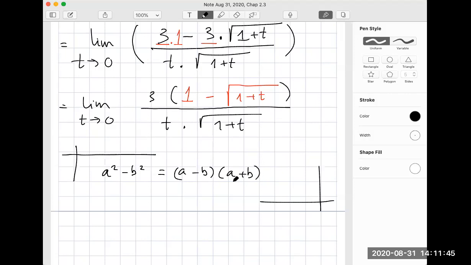This is the formula. Remember it, memorize it. So now, this guy, because here, this is square root. If we somehow square it up, then the radical sign will disappear, right?